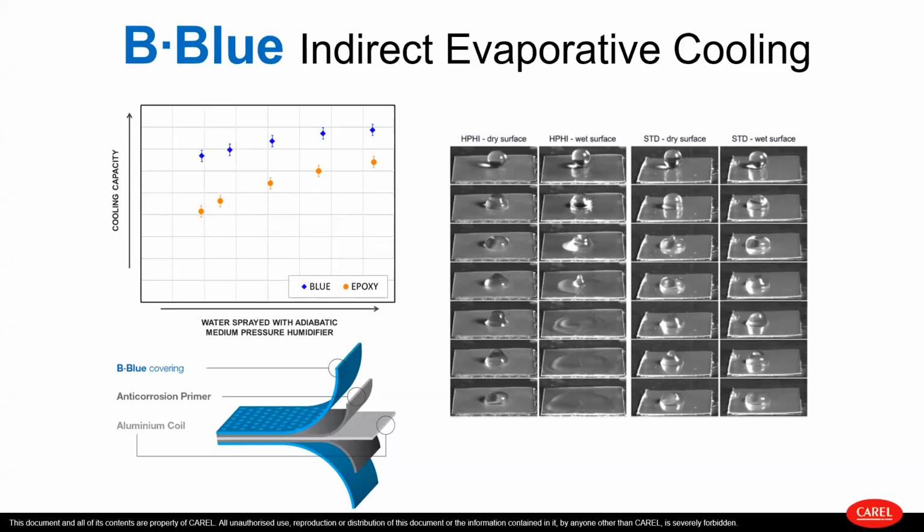But there is another key characteristic, which is the adsorption behavior. Once it is wetted, as you can see in the second column starting from the left, the drop falling on the surface disappears, creating a thin layer of water. This is the main key, because as you can see in the last column on the right, this drop doesn't disappear with the standard epoxy protection.